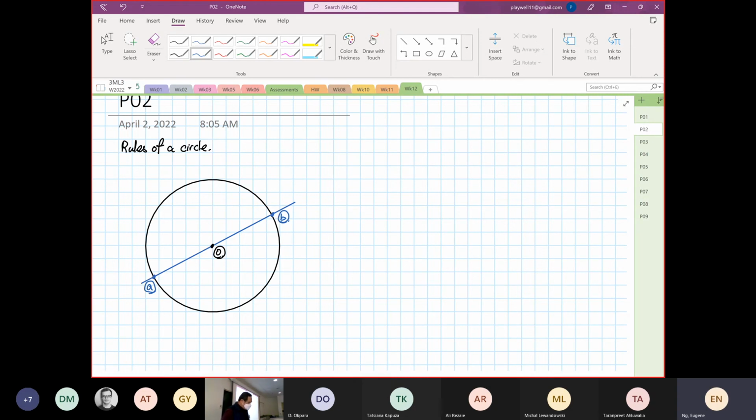Then from here, I'm going to pick an arbitrary point somewhere around here. I'm going to call it my point X. You can pick anywhere.